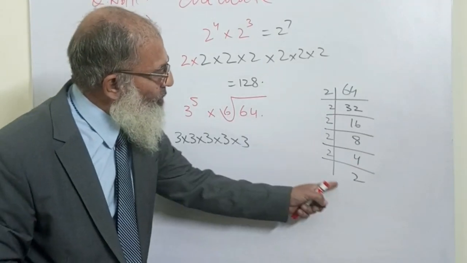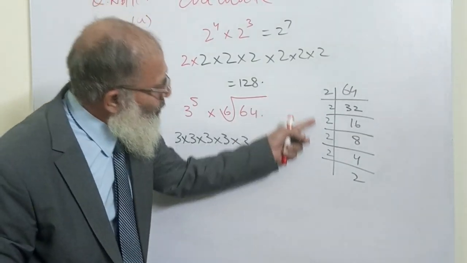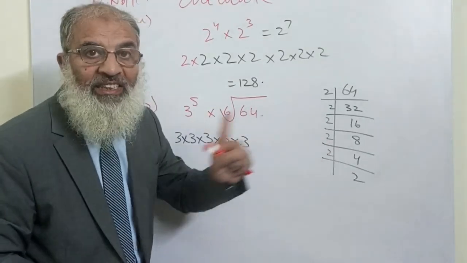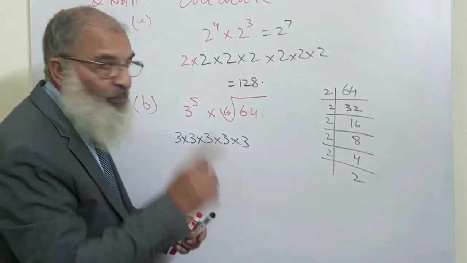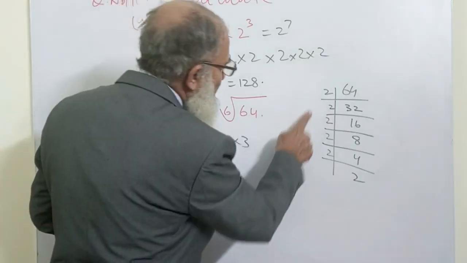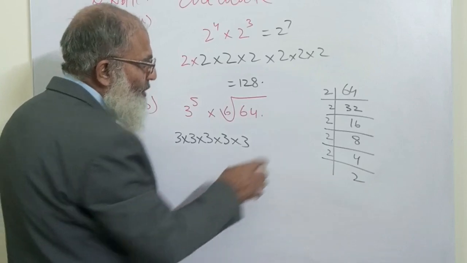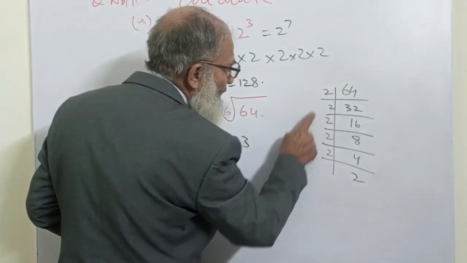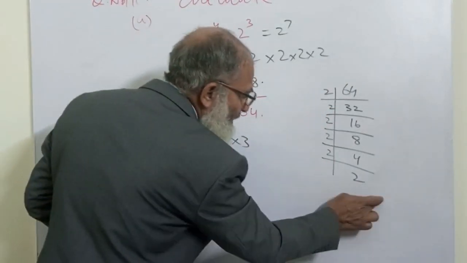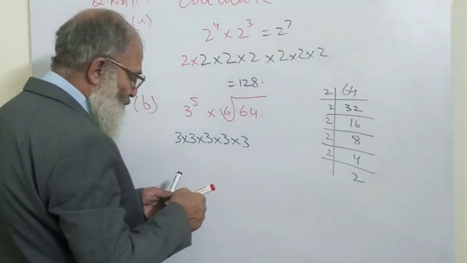When this type of situation occurs, you see 6 twos now, and you have to pick only one 2 from this, because you have to find the sixth root of this. So the sixth root is only 1 out of these 6 twos.